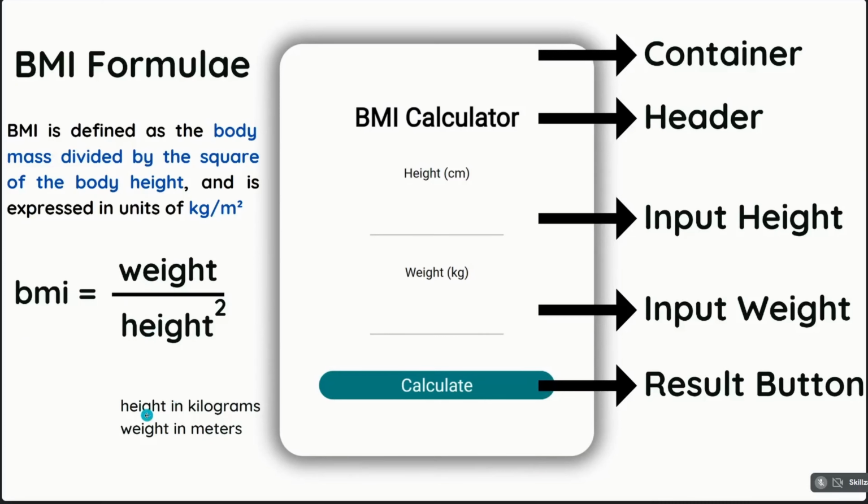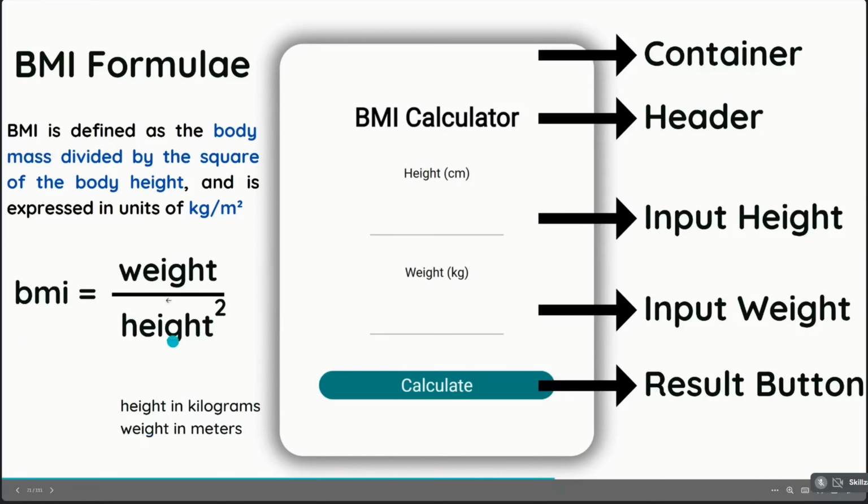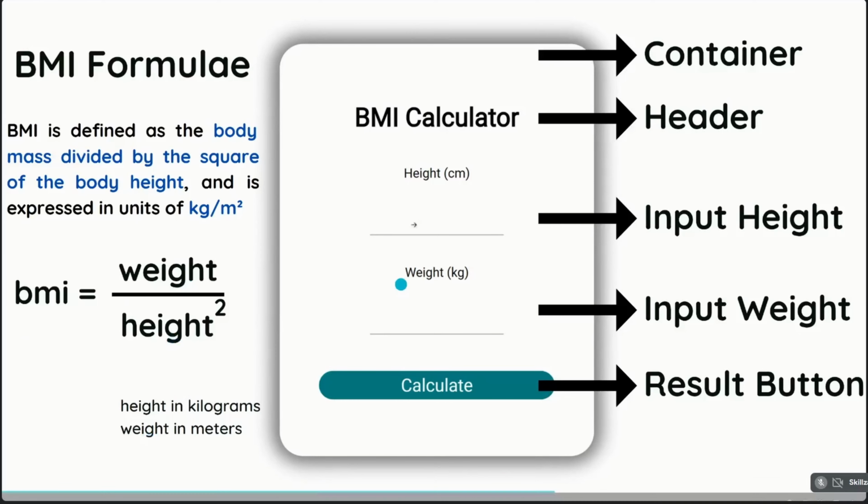Height should be in meters and weight in kilograms, so since height is given in centimeters, you can convert that. So weight divided by height square, height into height. That is the formula for computing the BMI.